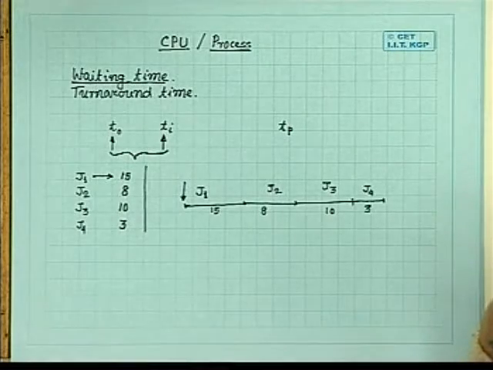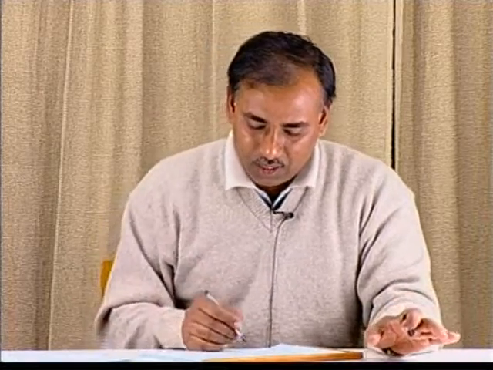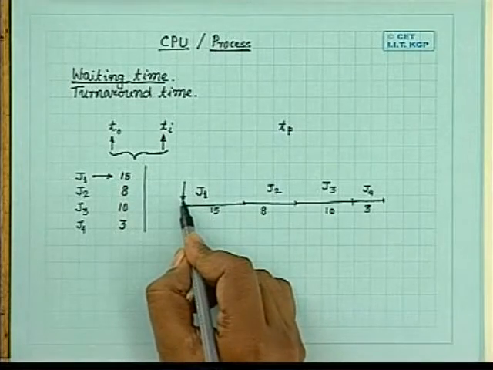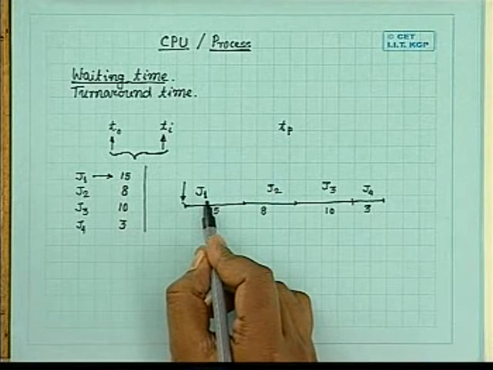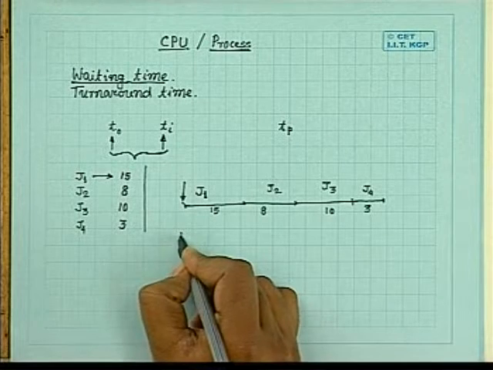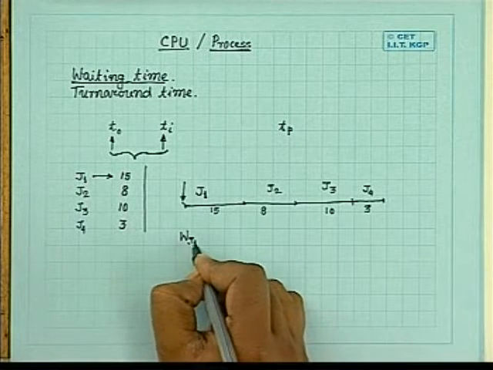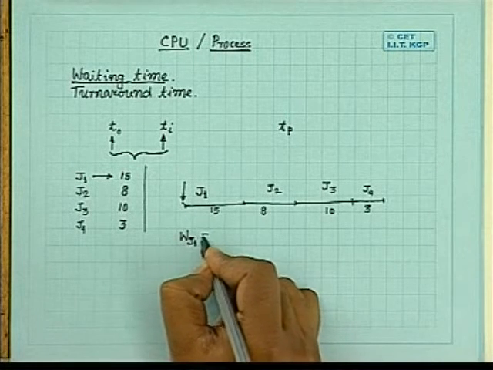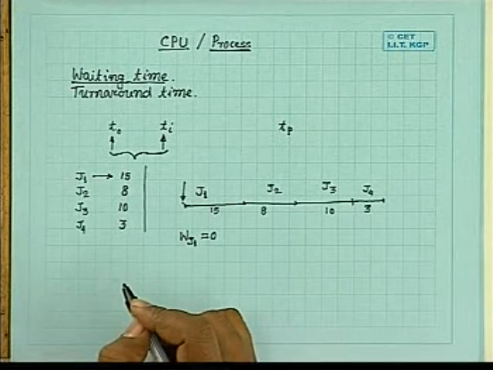I want to find out what is the average waiting time if I go for first come first serve type of scheduling. Because I am starting accounting here, the waiting time of job J1 is 0.